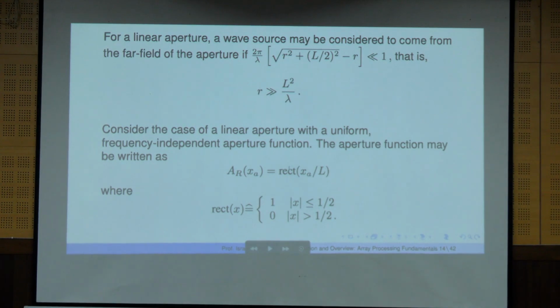Actually, when we design sensors, we hope to have something like this. This is a very good sensor. Sometimes they are very expensive sensors. It means that the response of each point on the aperture is independent of the frequency, and also it's uniform.